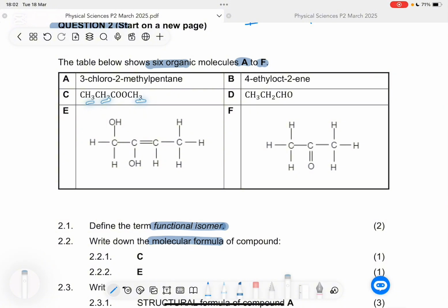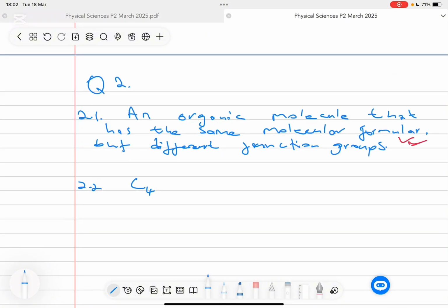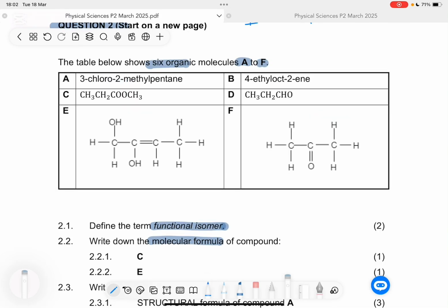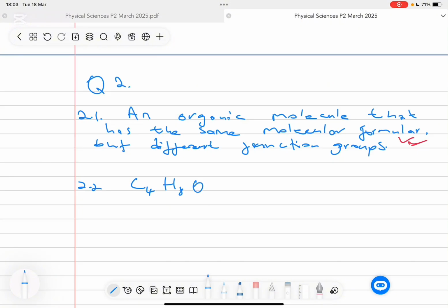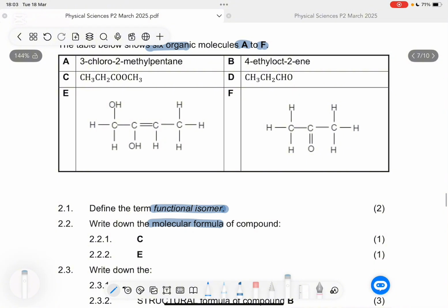So on top of 3, we add a 5. That should be an 8. So I have a total of 8 hydrogens. We also have oxygen here. There are 2 oxygen atoms. And that is really your molecular formula. When we go to question 2.2, we're also expected to find the molecular formula of E.